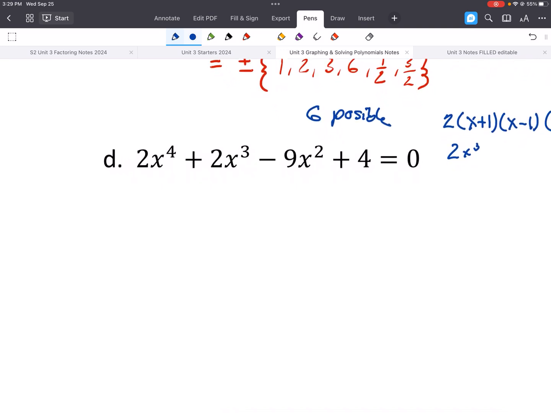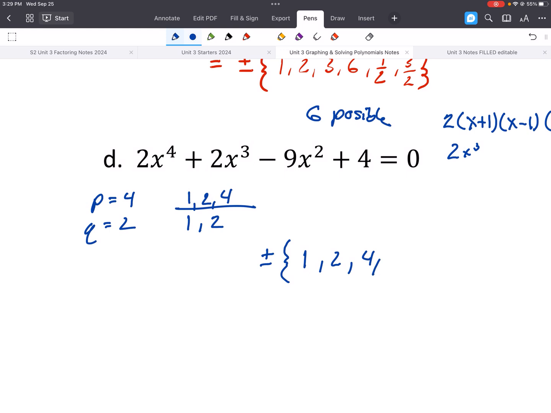So we've got p is 4, q is 2. So factors of 4 would be 1, 2, and 4. And then factors of 2 would be 1 and 2. And then we need to find all those combinations. So we'll have plus or minus 1 over 1, 2 over 1, 4 over 1, and then we'll do 1/2.